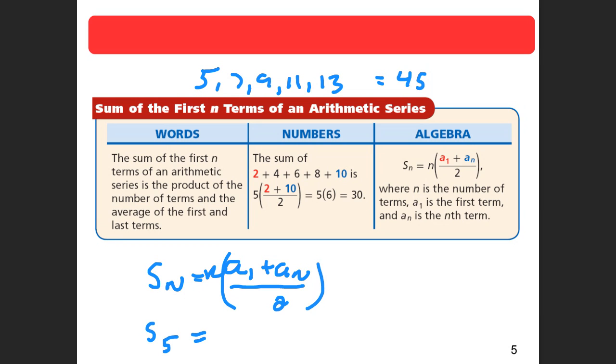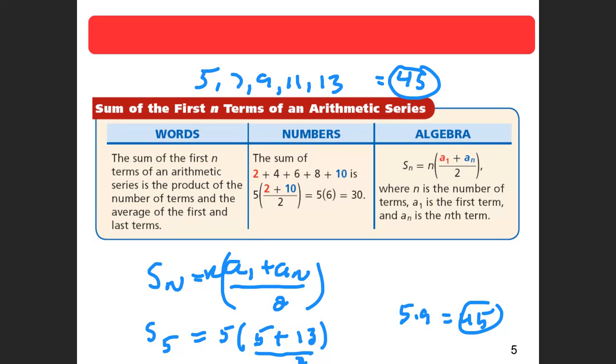That's 5 times a sub 1, which was 5, plus the last term, which was 13, divided by 2. 5 plus 13 is 18, divided by 2 is 9, so I end up with 5 times 9, which is 45. That's the exact same answer I came up with when I did it by hand.